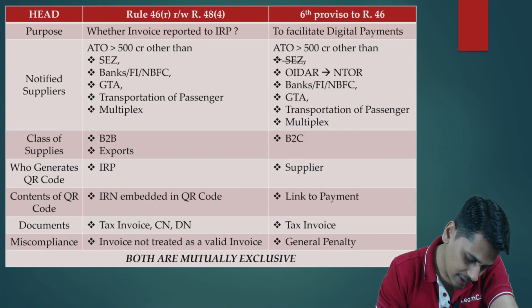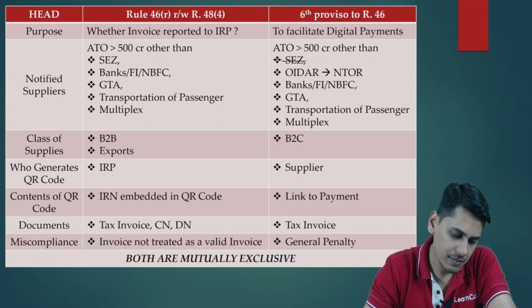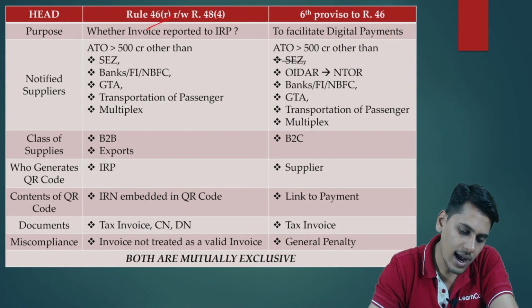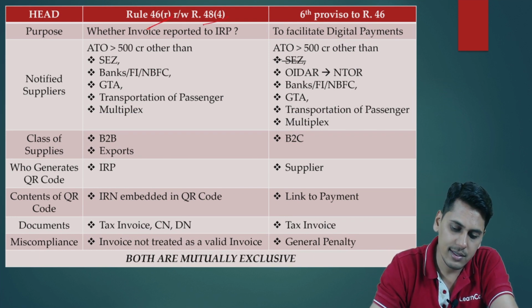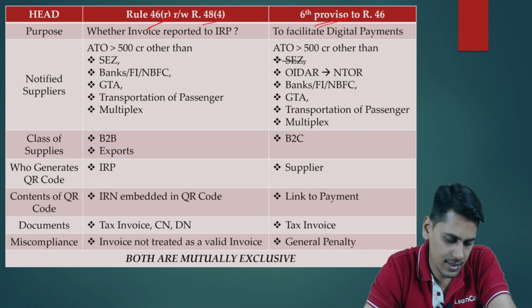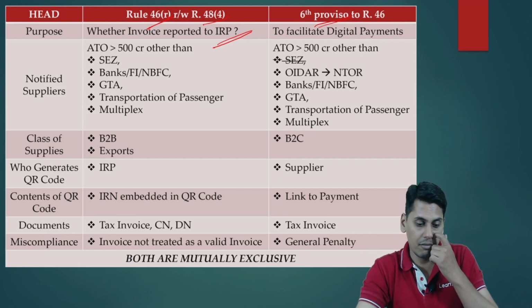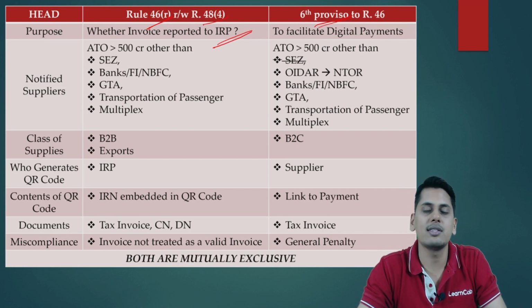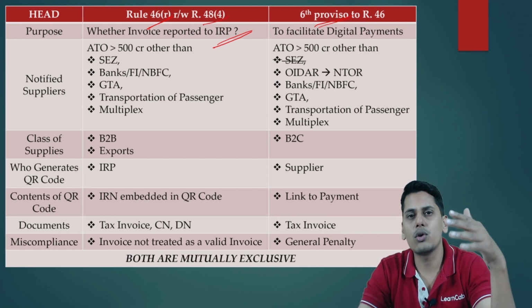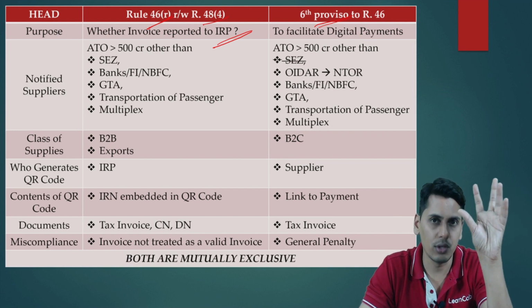We have already discussed everything, just the concluding remarks. Rule 46 sub rule R read with rule 48 sub rule 4. Purpose: the purpose of this is just to check whether the invoice has been reported to the invoice registration portal or not. When you scan the QR code, it is going to give you the details of the invoice.